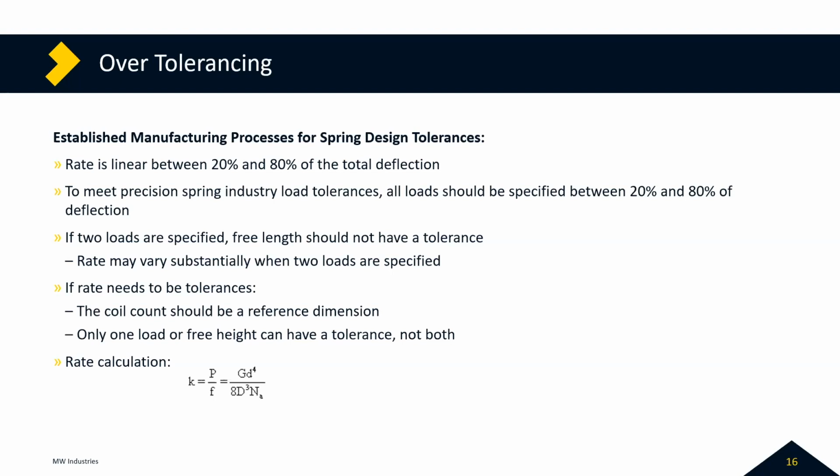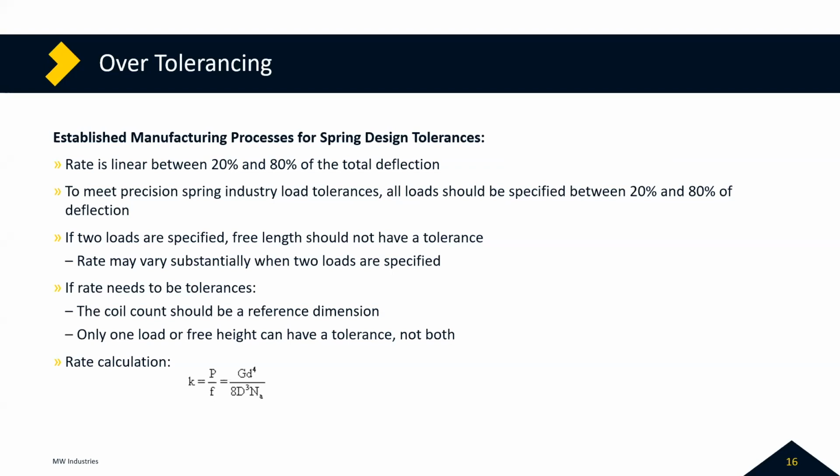Anything beyond 80% of the total deflection, you're risking running into a solid height issue or even a coil bind. It's where you actually move away from a linear curve into more of an exponential curve, where the load tends to increase rapidly on you as you decrease the amount of active material.